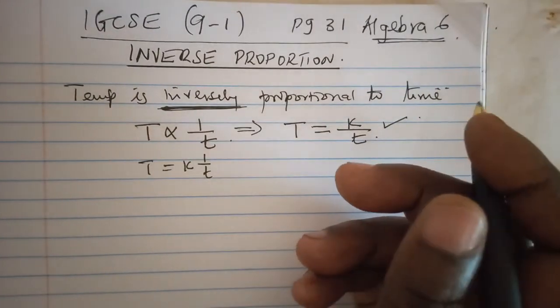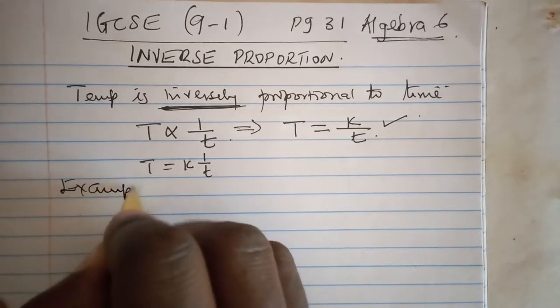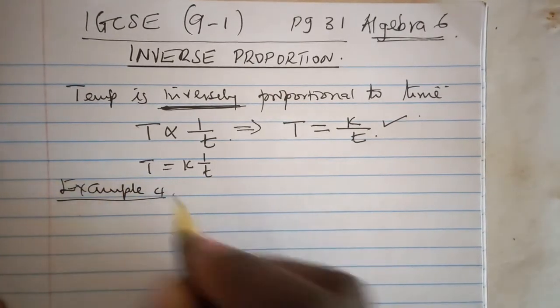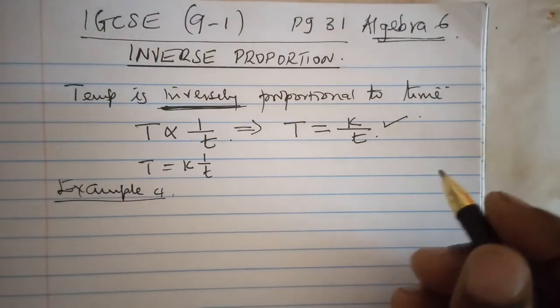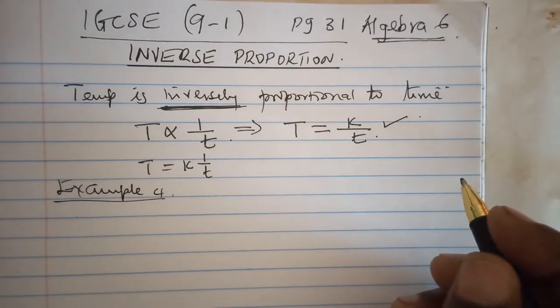And I want us to go directly to example 4 on page 31. We are told to express these equations as relationships with constant of proportionality.